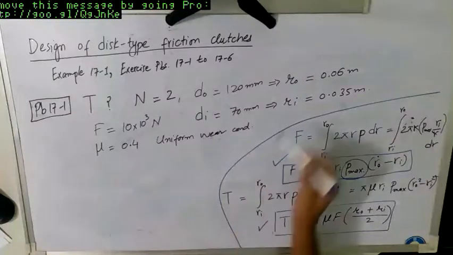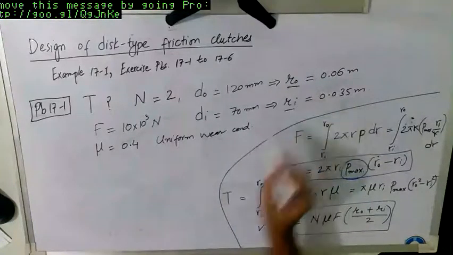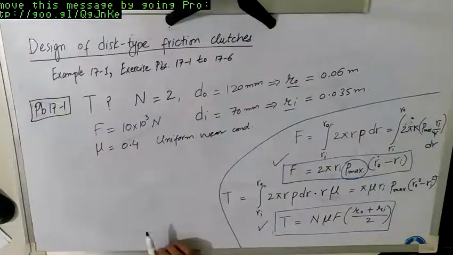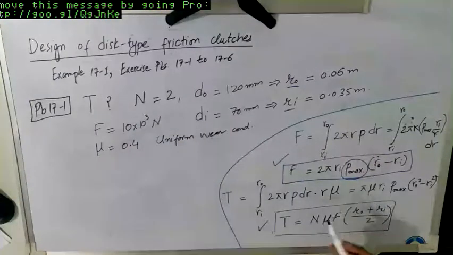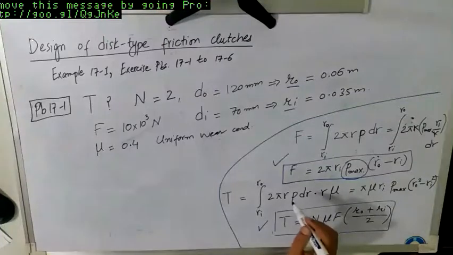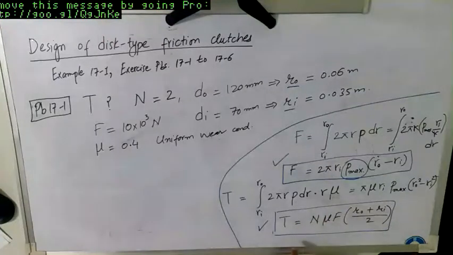Now since we already have this R naught and Ri, we also have the value of F, which is given here. So what we can do is apply this formula directly in order to find out the torque.